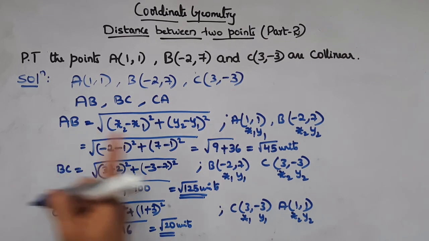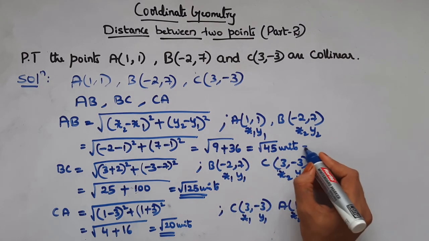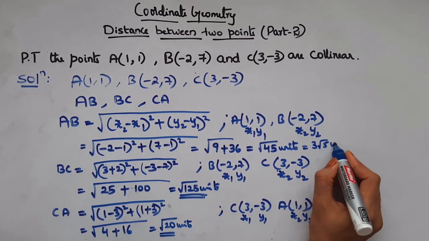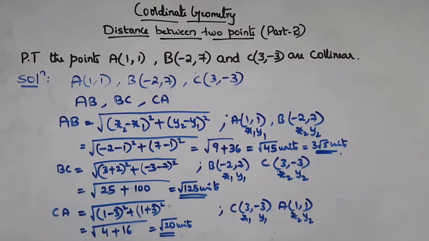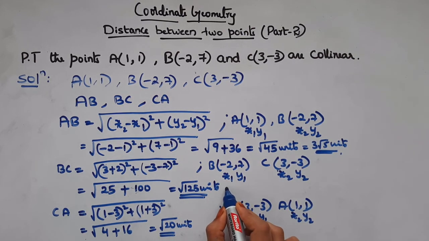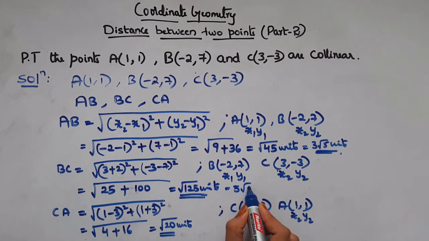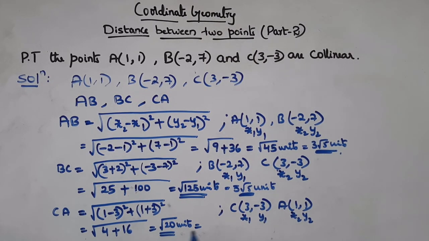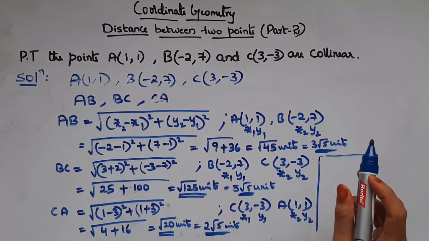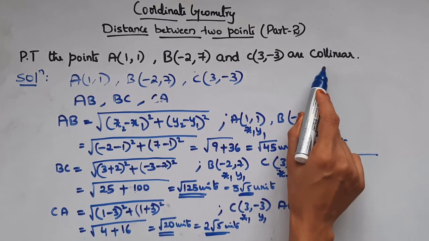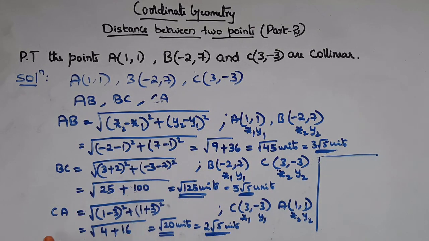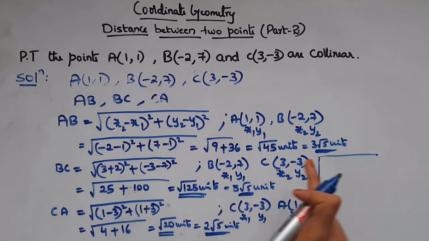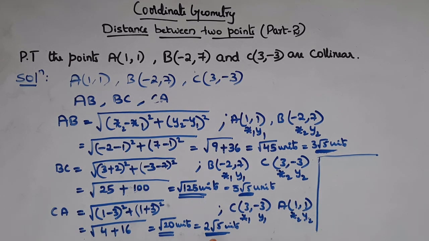So now we got AB is equal to root 45. So root 45 is nothing but 3 root 5 units, right? Similarly, root 125 can be written as 5 root 5 units, right? So here root 20 can be written as 2 root 5 units. So we know for these points to be collinear, the sum of any two distances should be equal to the third distance. So in this case, AB we got as 3 root 5 and CA is 2 root 5.